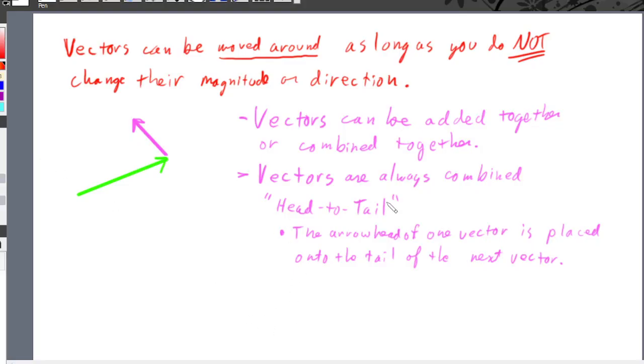So vectors are combined head to tail. That's how we add them. The arrowhead of one vector is placed against the tail of the next. And then the overall result, which is called the resultant, uncreatively enough.